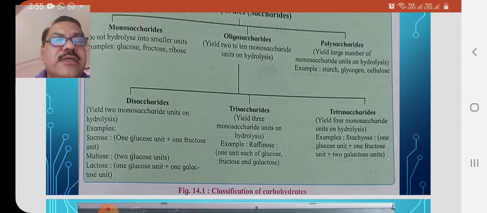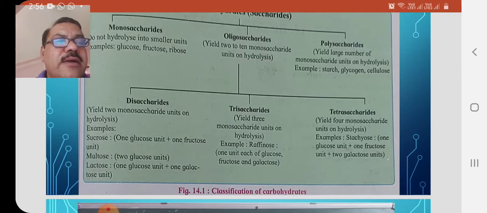Similarly, if the question is asked what are trisaccharides? The definition is: the carbohydrates which yield 3 monosaccharide units on hydrolysis are called trisaccharides. An example is raffinose, which gives 1 unit of glucose, 1 unit of fructose, and 1 unit of galactose.